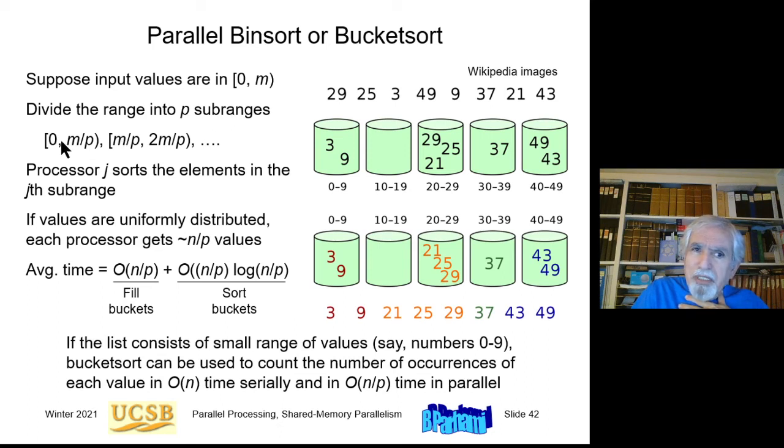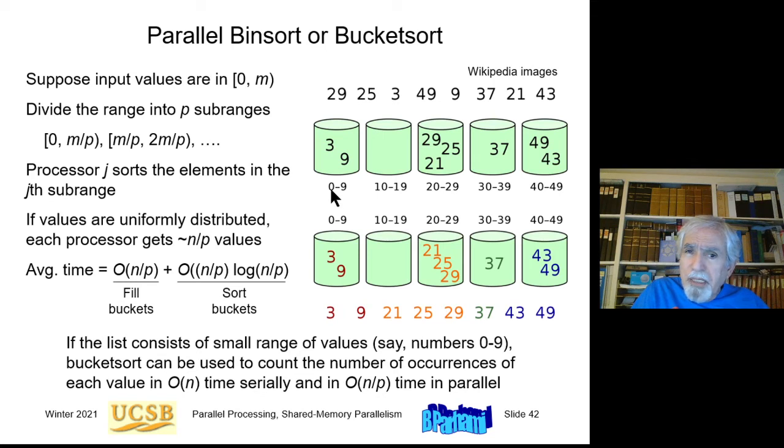And these subranges are 0 to m over p, m over p to 2m over p, and so on. Now, we basically divide the elements. So given this list, we scan the list and put the elements into buckets or bins. For this example, numbers go from 0 to 49.